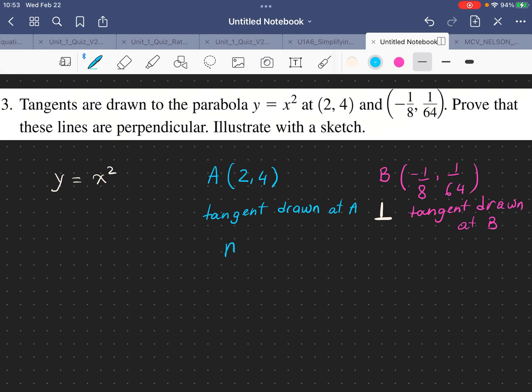So what that means is that we need to find the slope drawn at A and the slope drawn at the point B. And to find the slope, we also know that it means to find the derivative.